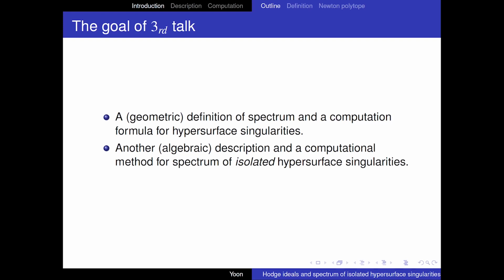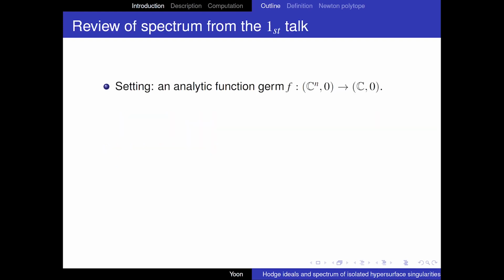I'm going to give another description of that, which is actually the same as the second talk of Seung-Jo. So all the time the setting is the same. We have an analytic function germ. This is the review of last time.